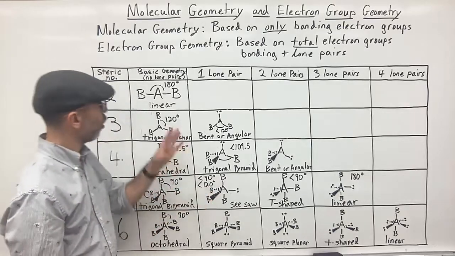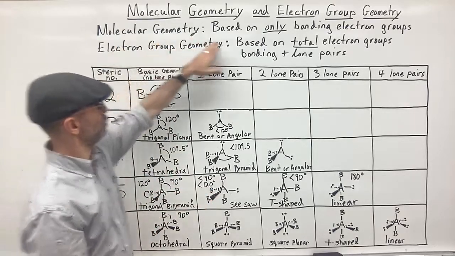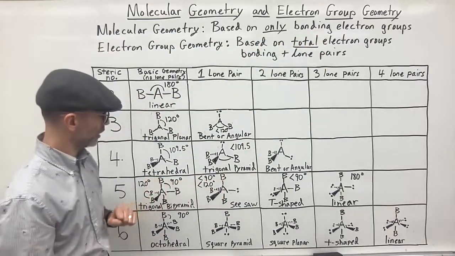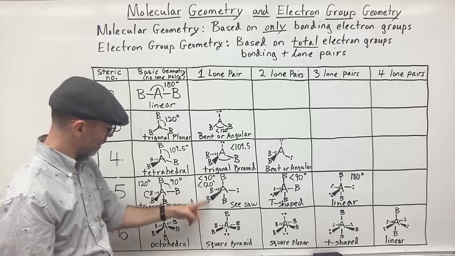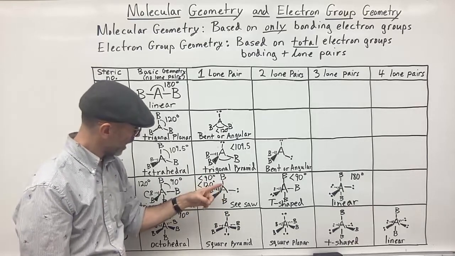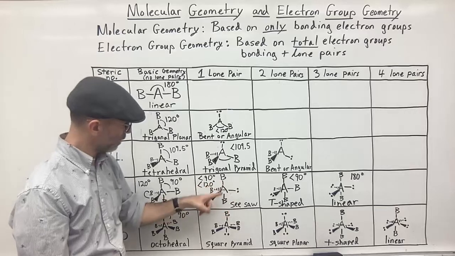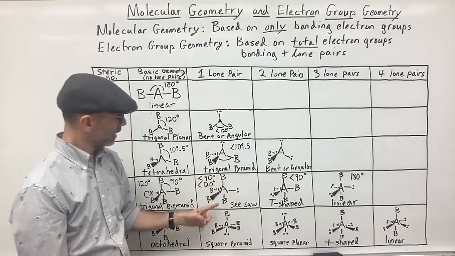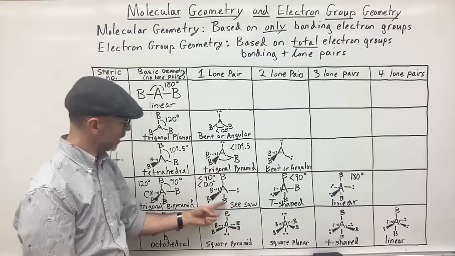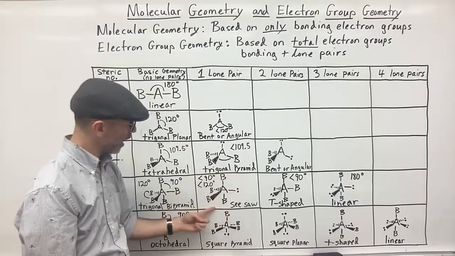But when you're looking only at the molecular geometry, we only care about the bonding electron groups, the atoms themselves, the bonded atoms. So for this one, because we have 1 lone pair, but we have 4 bonded atoms, the electron group geometry is going to be based on all 5 groups.